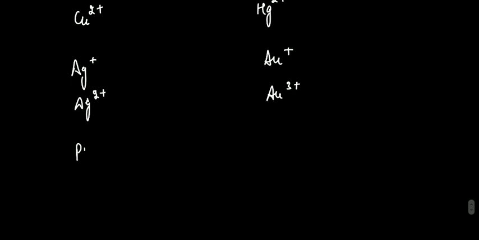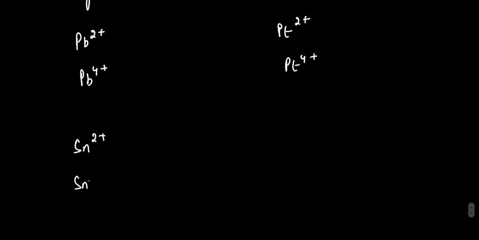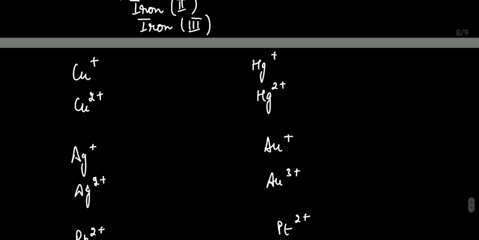Then we have lead, Pb2+, Pb4+. We have platinum, Pt2+, Pt4+. We have tin, Sn2+, Sn4+. There is no end to ions, so we can cover a few common ones over here.